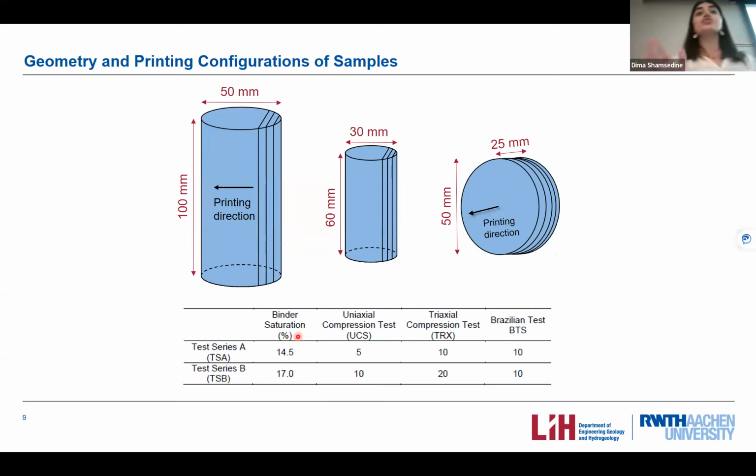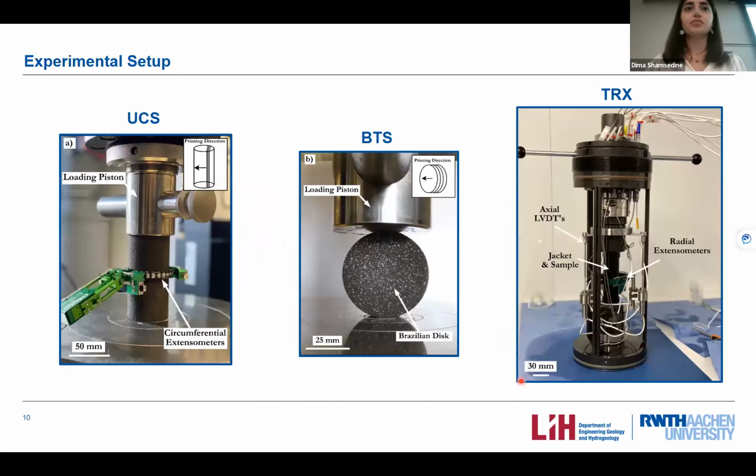So we have studied two different binder saturations characterized by two different test series: test series A having 14.5% binder saturation, and test series B having 17% binder saturation. And the numbers here represent the number of tests done in each configuration.